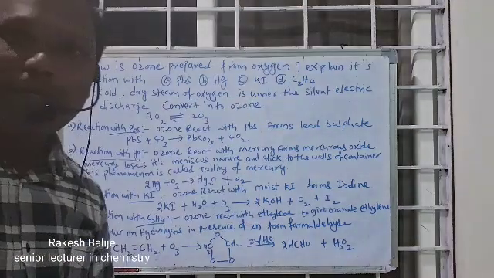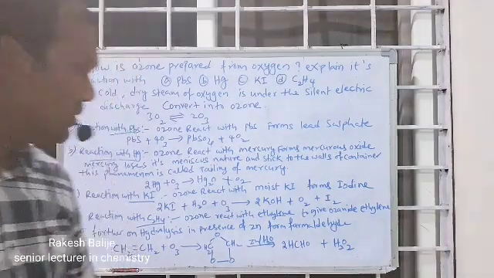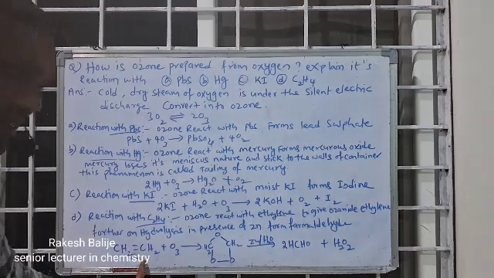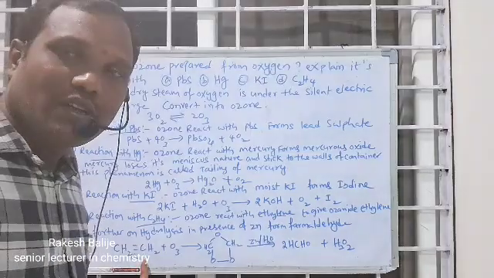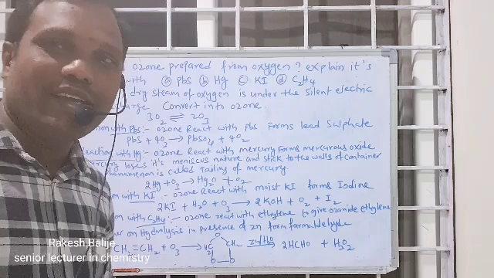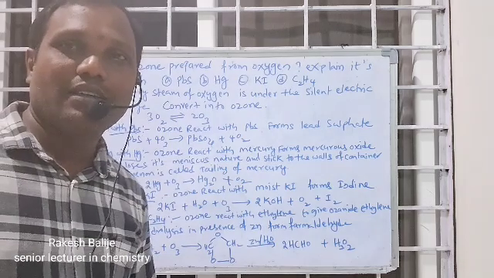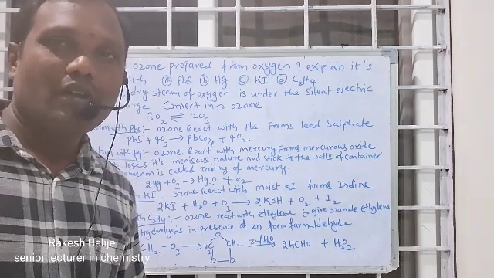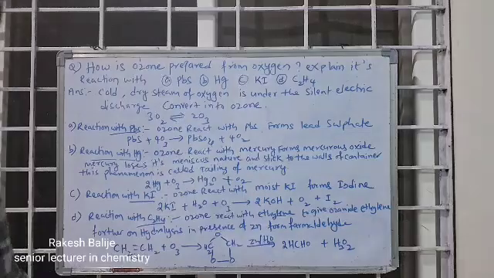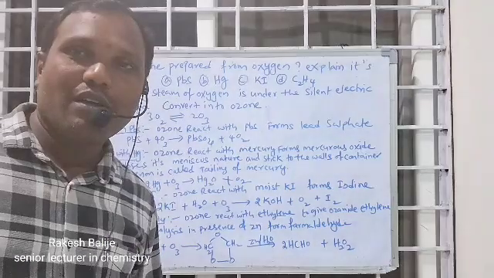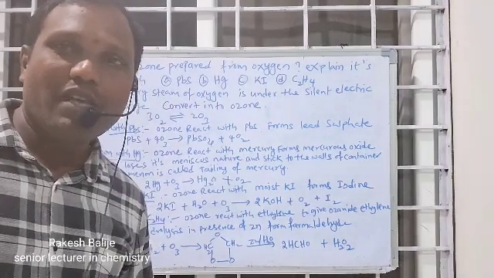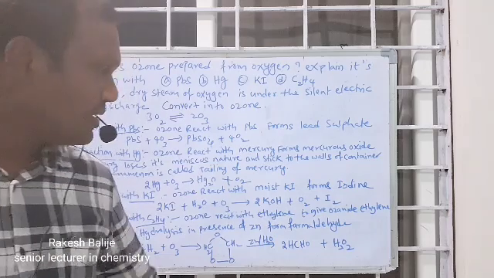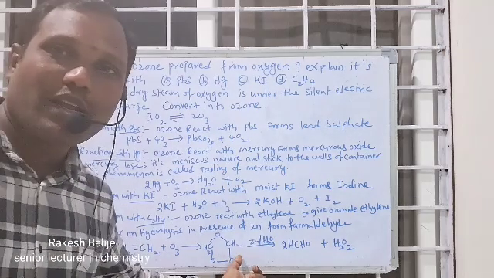Reaction with ethylene. Ozone reacts with ethylene to form ethylene ozonide. It is an adduct, an addition compound. Look here, you know the valency of oxygen and the valency of carbon. Based on that, we have to write the structure of ethylene ozonide.